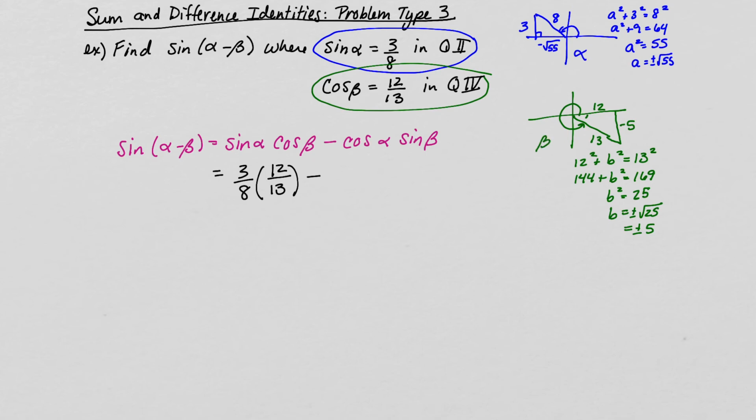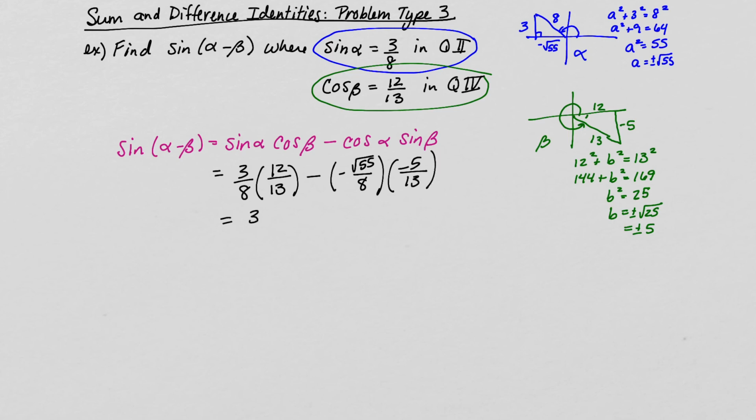So if I'm looking for the cosine of alpha, it's going to be minus the square root of 55 over 8. And the sine of beta would be down here, so it's the opposite, negative 5 over the hypotenuse 13. So it's negative 5/13.